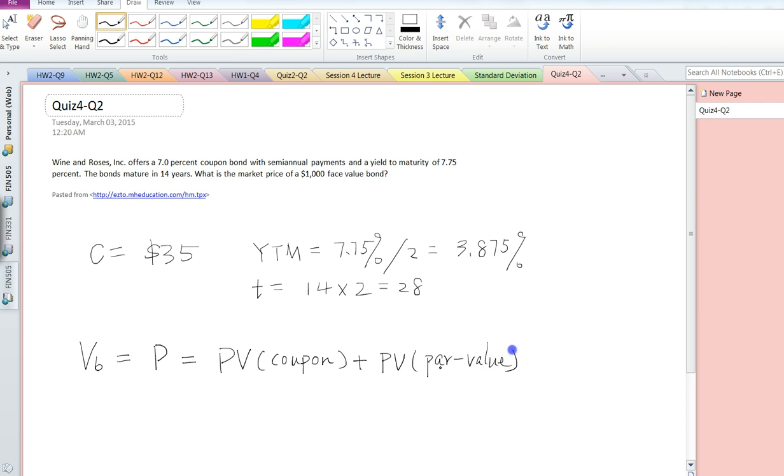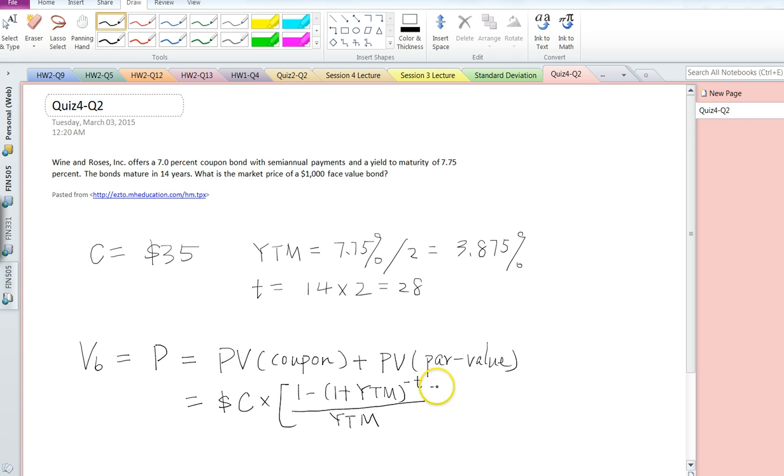And for the coupon, it's an annuity, so we can plug in the formula for the annuity, which is the payment, that's the coupon payment, times 1 minus 1 plus the discount rate, which is the yield to maturity, the semi-annual yield to maturity in this case, raised to the power of negative t, and then everything divided by the yield to maturity.